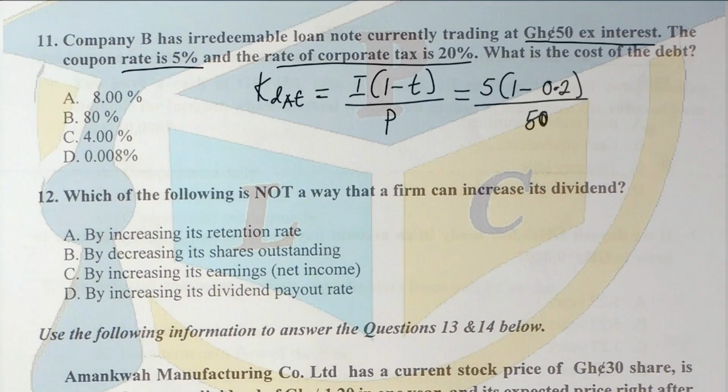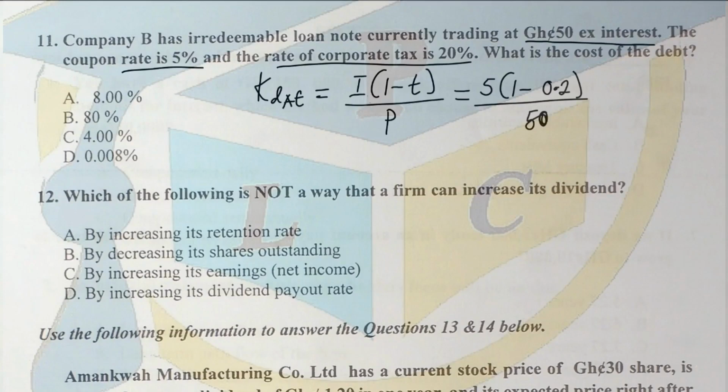Remember, securities are issued in denominations of 100 Ghana cedis. So if it is 50, it means it's 50 out of 100. Likewise, the 5% for the coupon rate. That's why I also didn't bring the 100. Here is 5 out of 100, and here is 50 out of 100. So you can write them in this form.